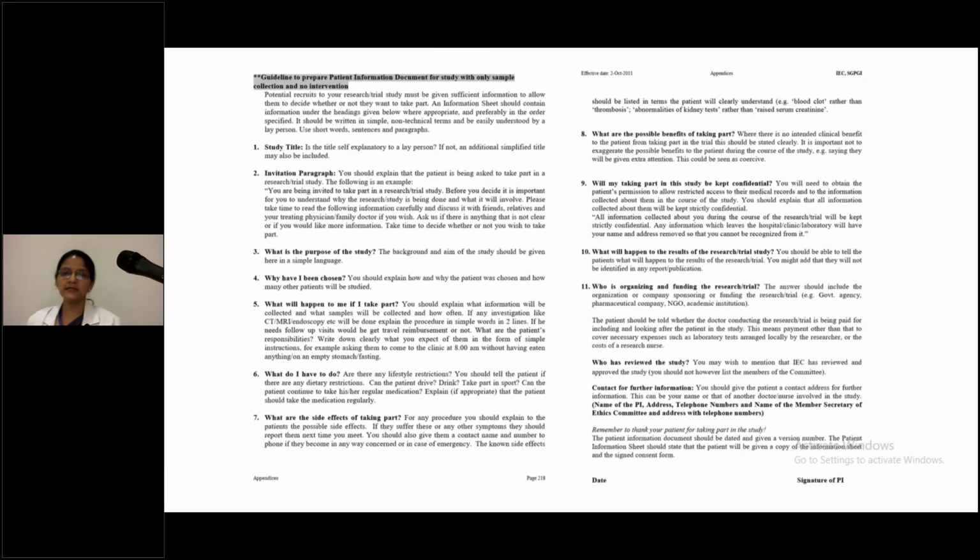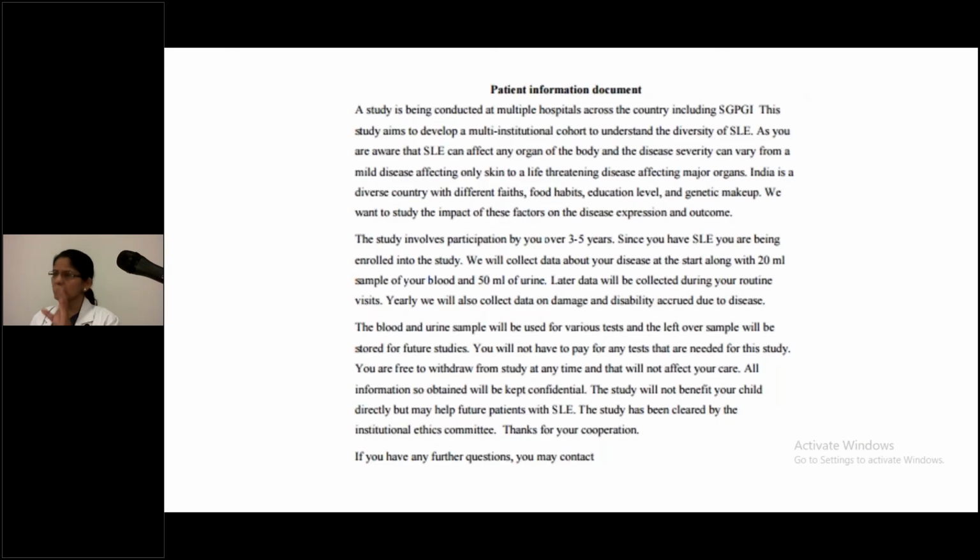Okay, so these are the guidelines. I'm giving you just an example of a study in which nothing much has to be done. Suppose you have your patients, you just want to collect 2 ml of blood for something. No intervention, no device trial, nothing, or it is just retrospective data. We're trying to take follow-up data from some of your patients. It could just be a simple PID like this, where you say that this is being done in the hospital. These are patients of this condition. Why are you doing the study?